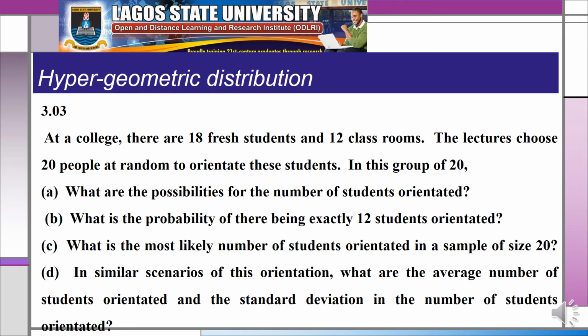What is the probability of there being exactly 12 students to be orientated? What is the most likely number of students orientated in a sample size of 20? In a similar scenario of this orientation, what are the average number of students orientated and the standard deviation of the number of students orientated?